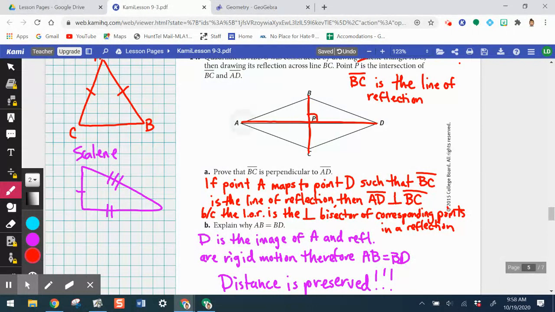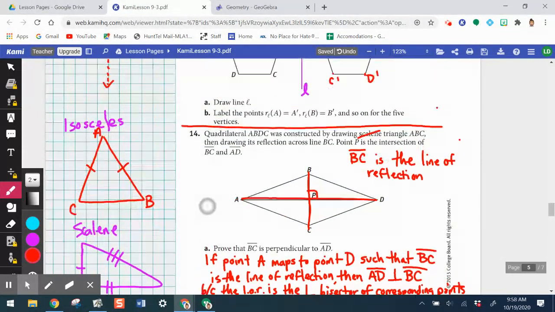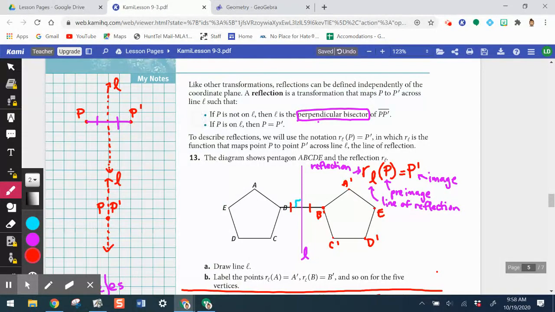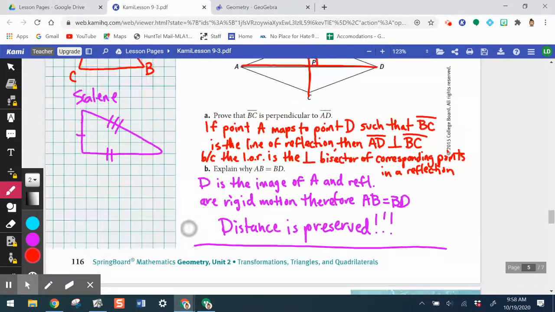So if A really does map to D, and line segment BC is the line of reflection, then of course these 2 points, these corresponding points, that segment is perpendicular to the line of reflection. That's what we learned way back up here. So that's using the perpendicular aspect of it.